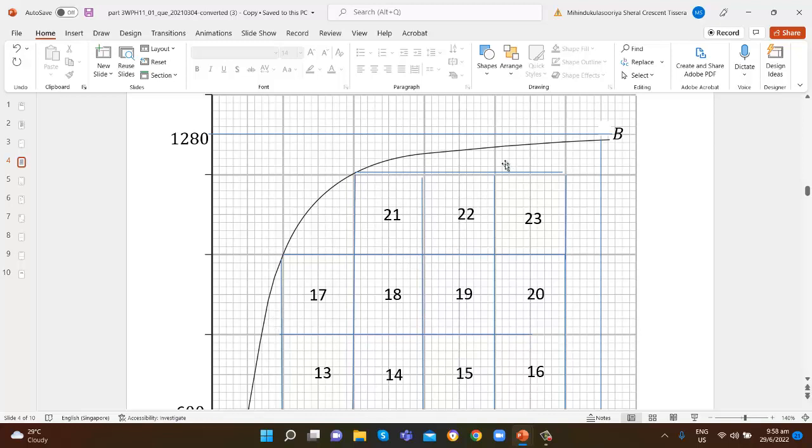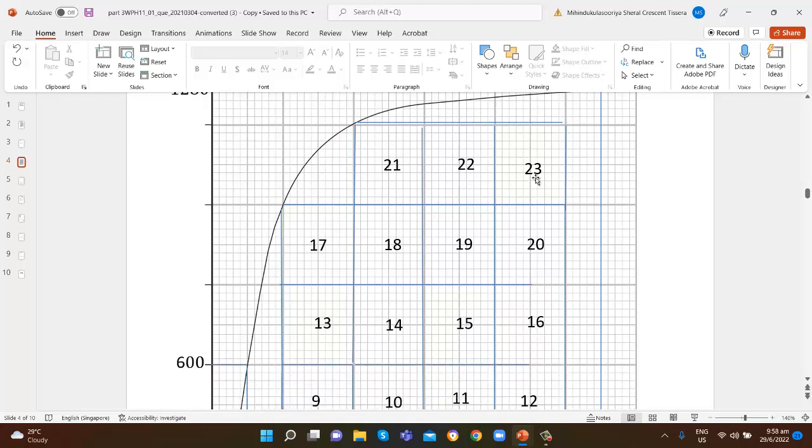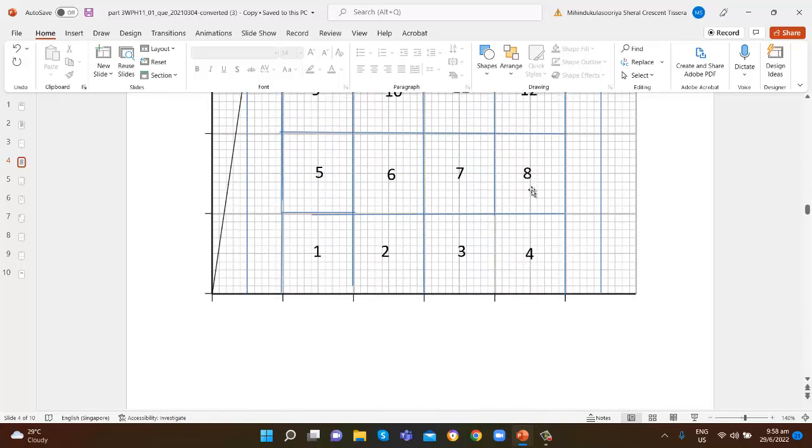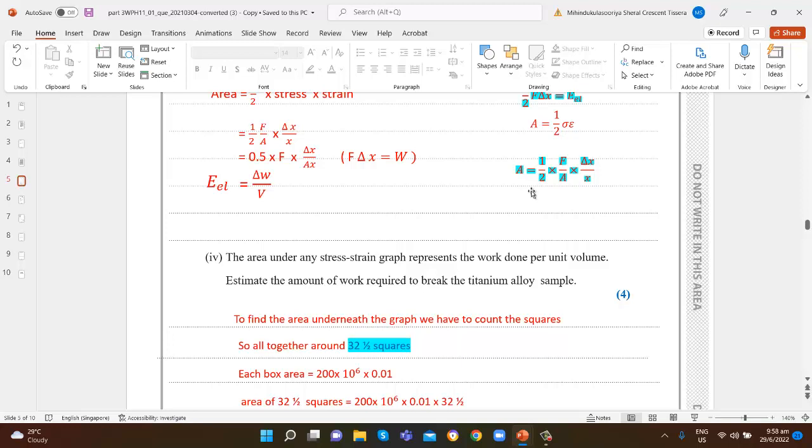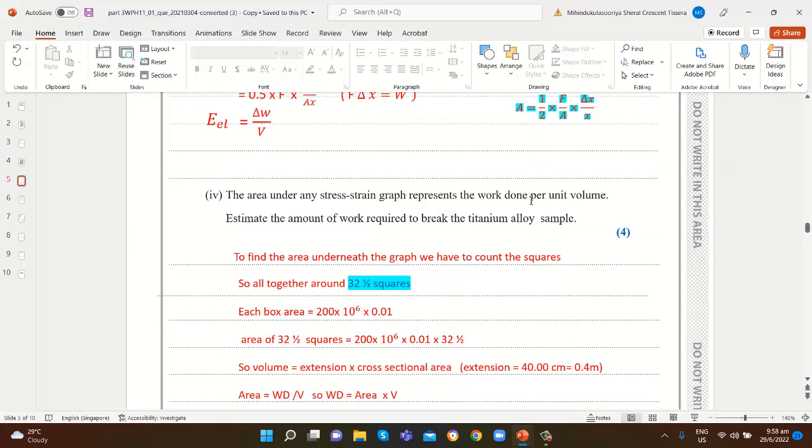Or else you can calculate roughly, like this small part and some over these two will give you half. But I will advise you to count the balance part in small squares and divide by 100. When you do that, you will get 32 and a half squares.